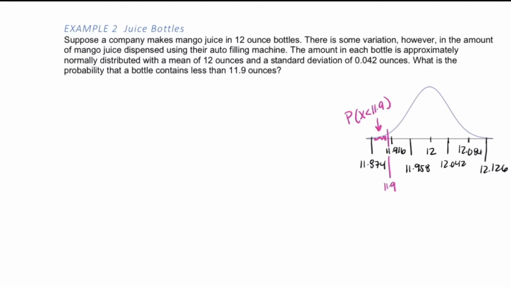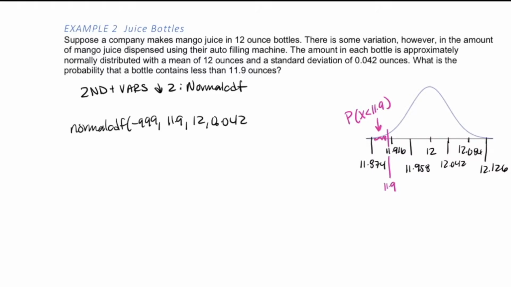And that will be given by the area under that curve, which we will find by using normal CDF on our calculator. So on your calculator, you're going to go to second, vars, and then scroll down to number 2, normal CDF, and you'll enter to end up with, and rounding, you end up with about, so less than 1%.